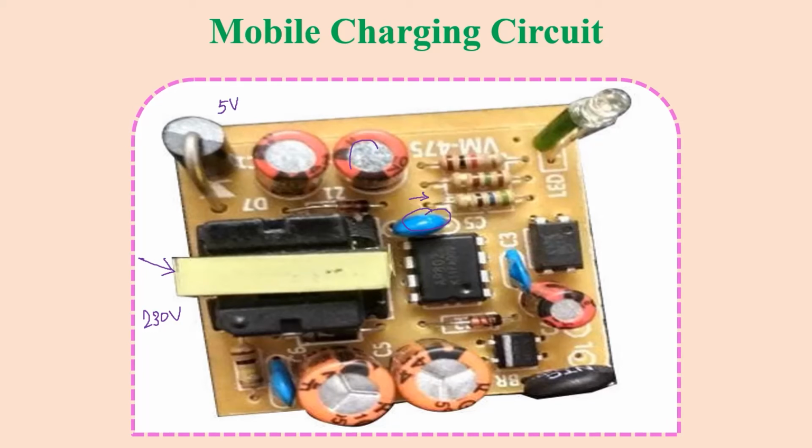This is also a cylindrical capacitor. This is one IC. So this is how we are going to use this transformer, this one inductor. We can say it is an inductive coil. Here we have resistor, capacitor. This is how we are going to use these three basic elements in circuits. Okay, thank you.